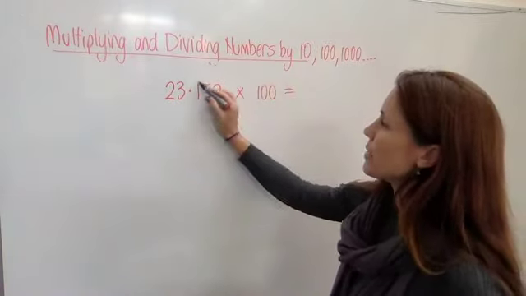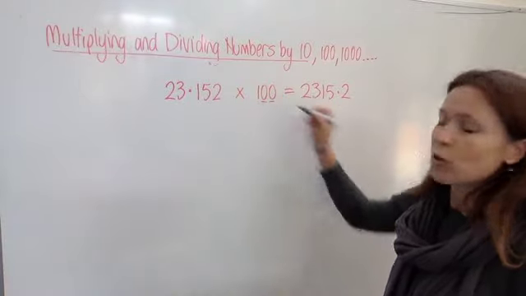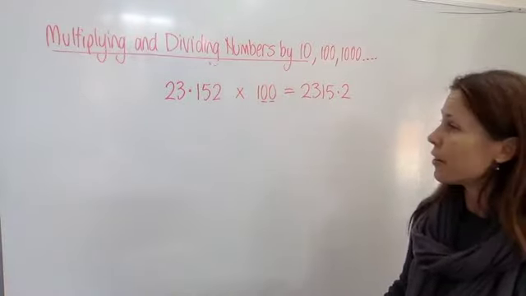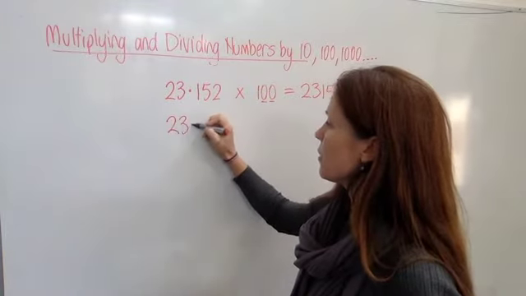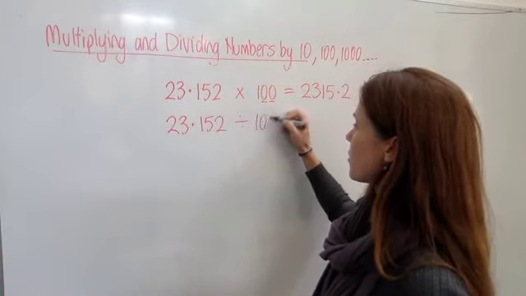So it used to be 23, now it's 2,315. It's definitely got a lot bigger, 100 times bigger, and we've moved the decimal twice because there's 2 zeros in 100. If we took the same number and we wanted to make it 100 times smaller, we'd need to move the decimal 2 places to the left. And that would put it here, just before the 2.